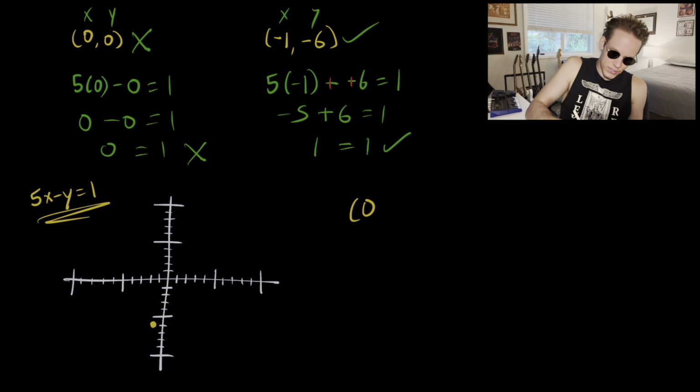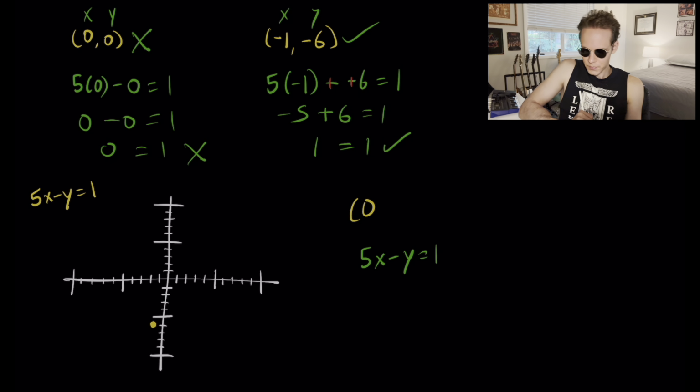We have our equation over here, so I'm going to start with that. I'll put 5x minus y equals 1. And we randomly decided, hey, let's make x equal to 0. You can make it equal to whatever number you want, but just choose a value for x, not y. Leave that one unknown. Okay, so instead of 5x minus y equals 1, we're going to have 5 times 0 minus y equals 1.